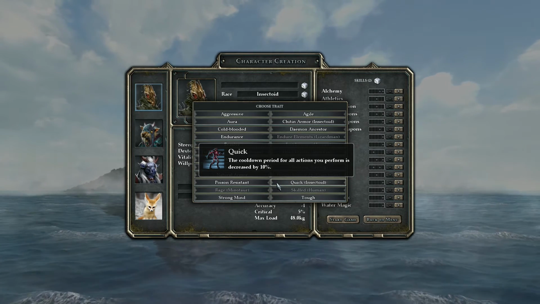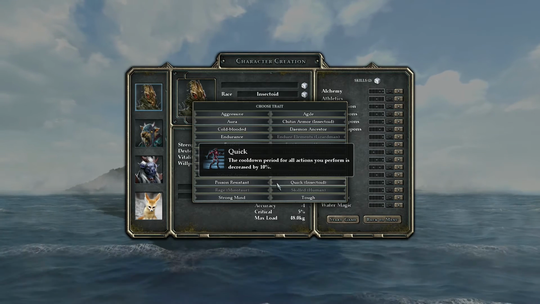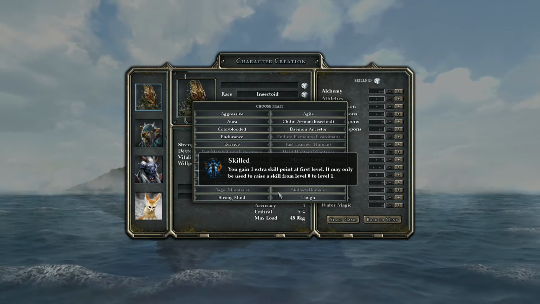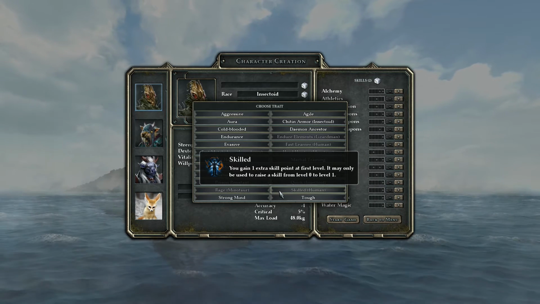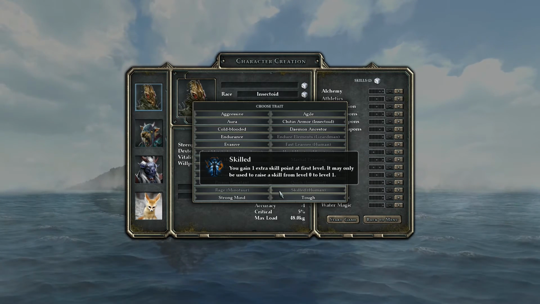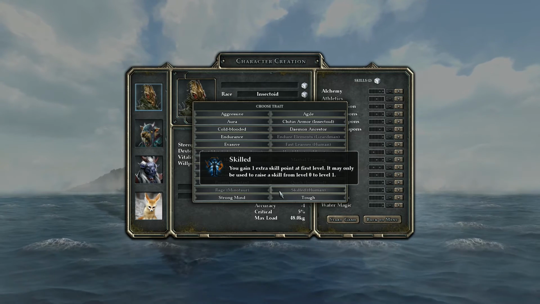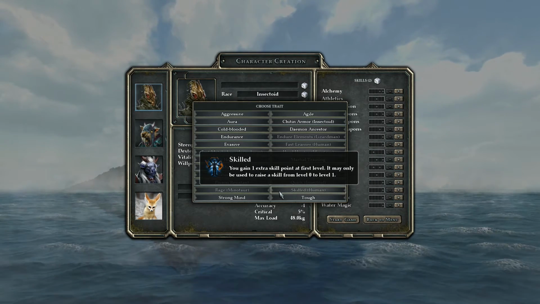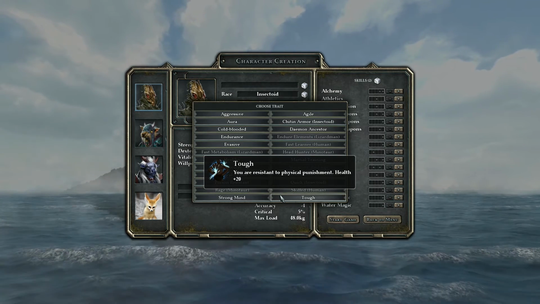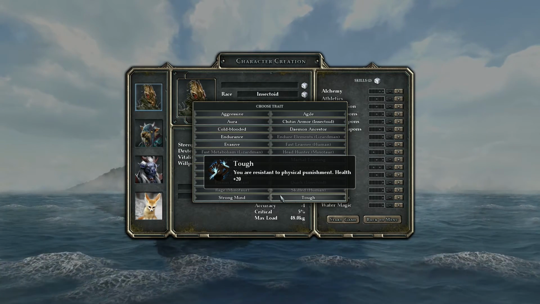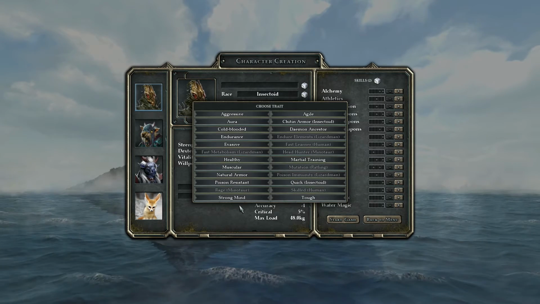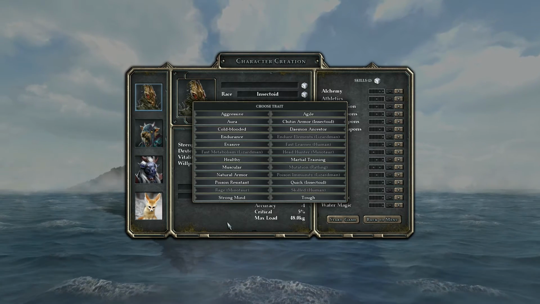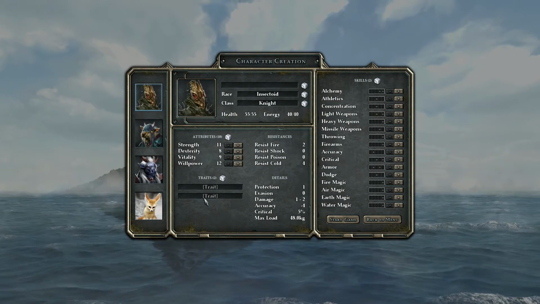The cooldown period of all actions you perform is decreased by 10%. Skilled. Human only. You gain 1 extra skill point at first level, but it may only be used to raise a skill from 0 to level 1. Tough. You are resistant to physical punishment. Health, plus 20.